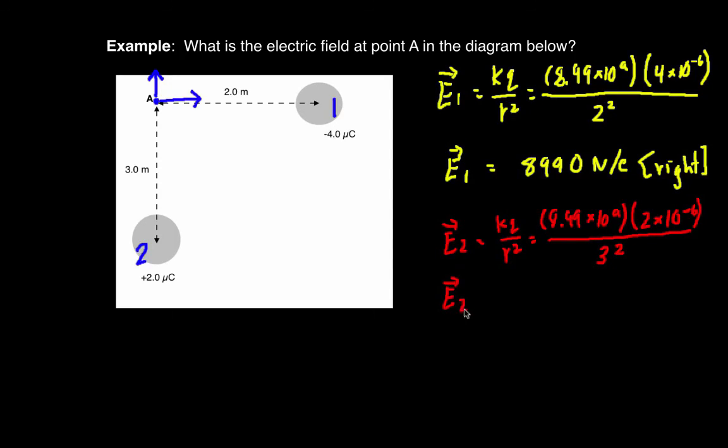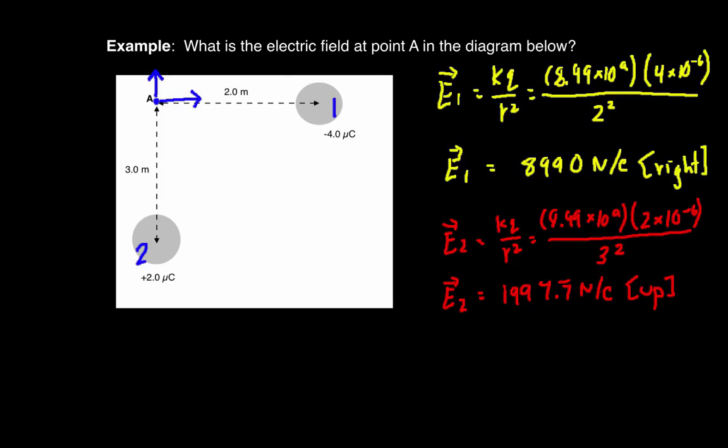So the electric field of the second charge at point A is 1997.7 repeating newtons per coulomb. And in this case, this is up. And it's up because the electric field moves away from the 2 microcoulomb charge.